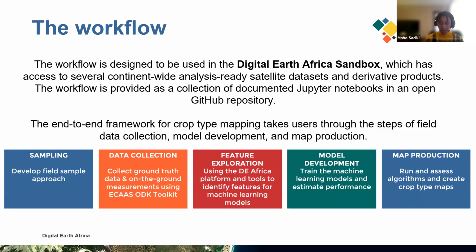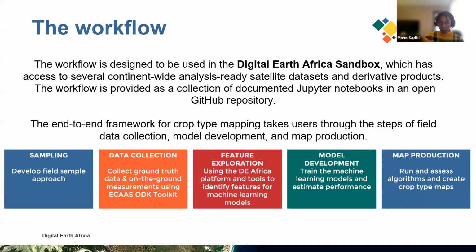And then we come back into the sandbox and we use the Digital Earth Africa platform and tools to identify the most relevant features for building machine learning models with the power of the sandbox. And then we do the model development, and then we train the models and actually type the crops on the ground.